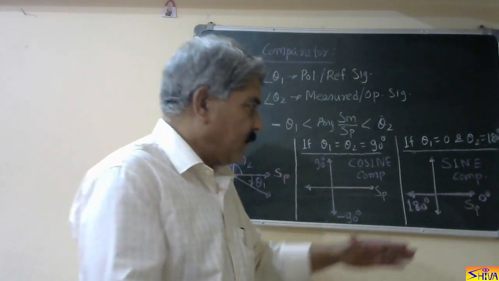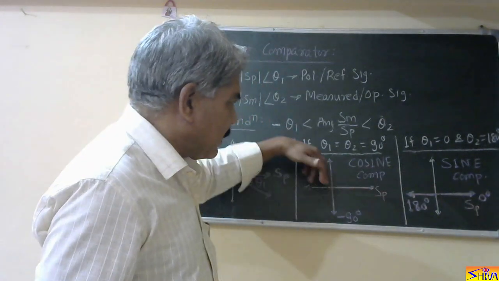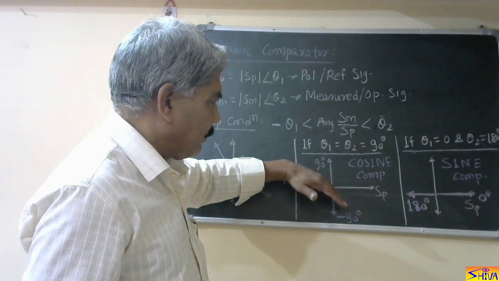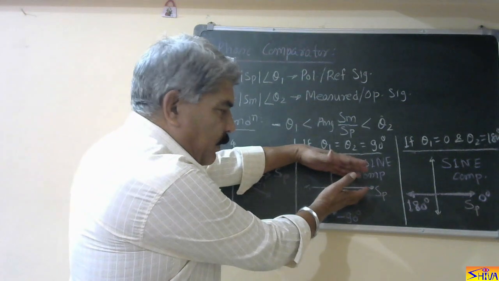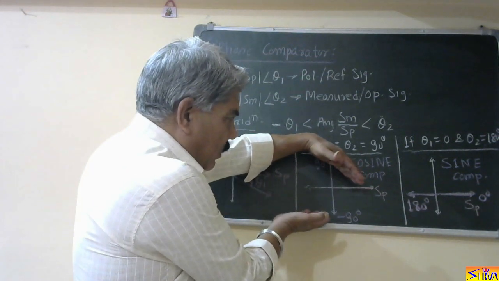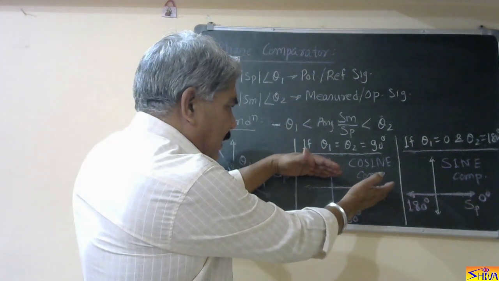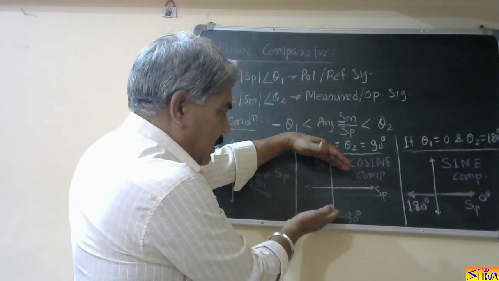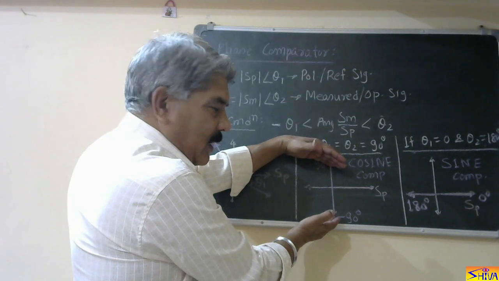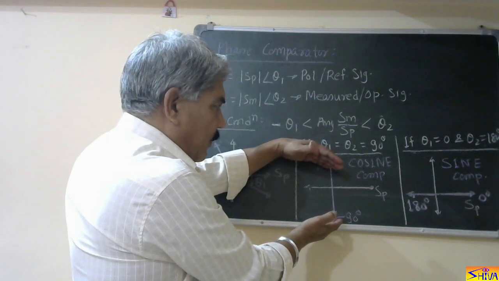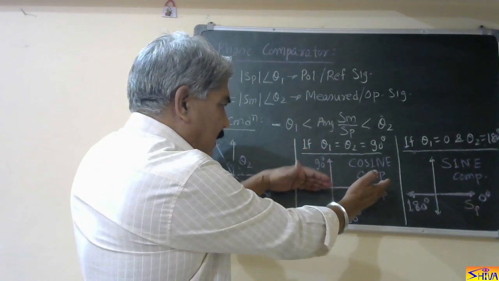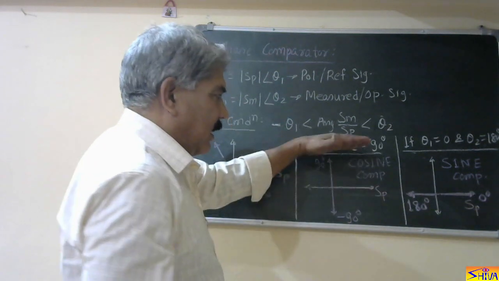Now if we rotate the characteristic of this cosine comparator by 90 degree, keeping SP the same, and rotate this characteristic in the anti-clockwise direction by 90 degree like this, it is a straight vertical line. If we rotate this in the anti-clockwise direction by 90 degree, we get the operating region in the upper half.